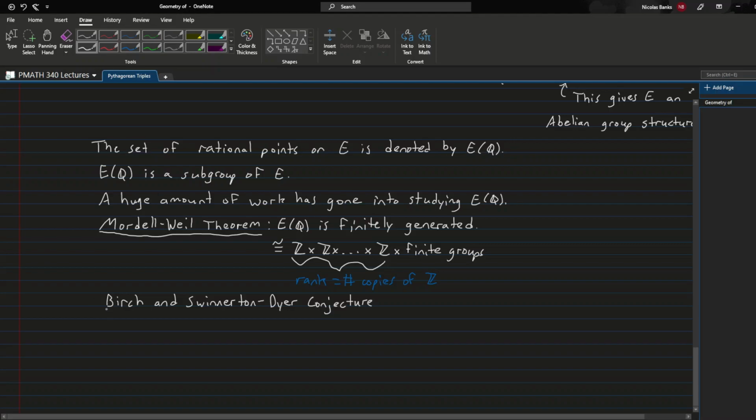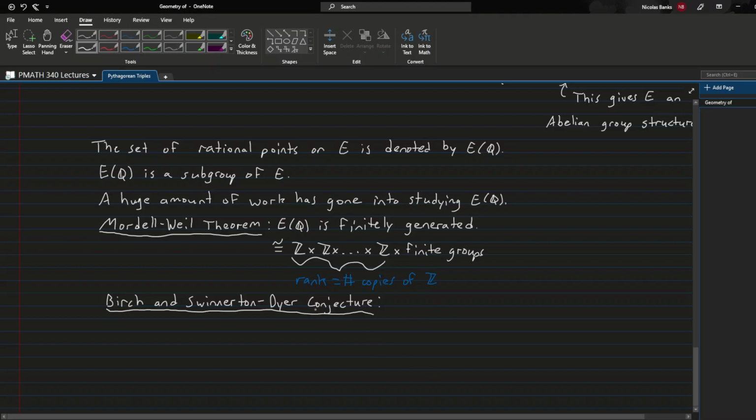It's kind of a mouthful, but you might have heard of it, this is one of the Millennium Problems, a problem posed by the Clay Mathematical Institute. Supposedly it's on the same level as the Riemann hypothesis, P versus NP, and things like that.